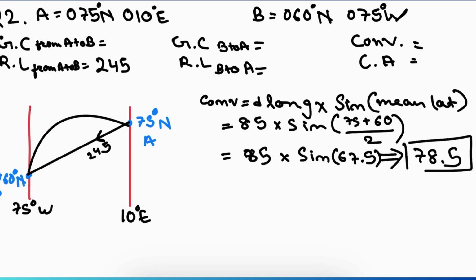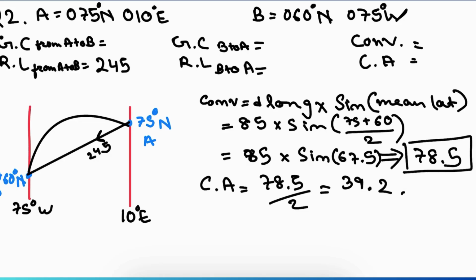This is our convergency. Now the conversion angle is 78.5 by 2, which is 39.2. So we have found two things: the convergency is 78.5 and the conversion angle is 39.2.